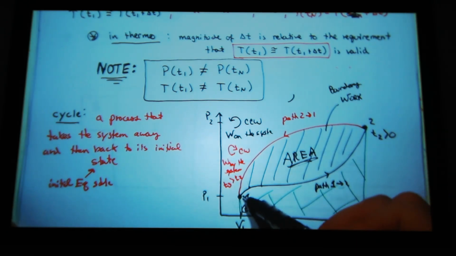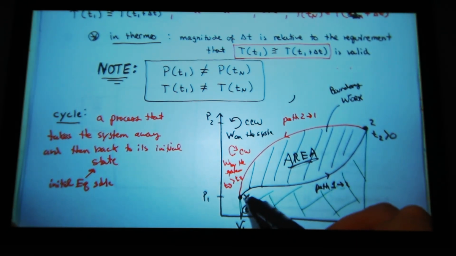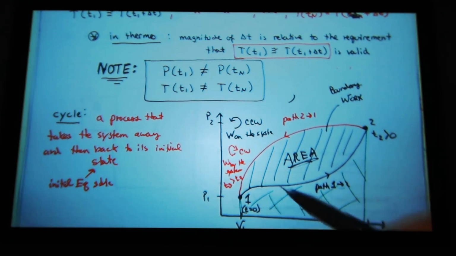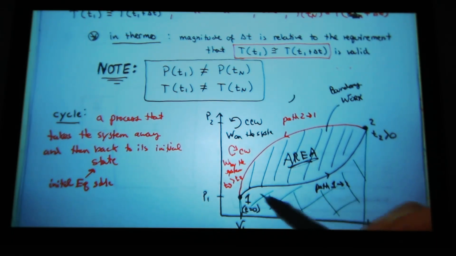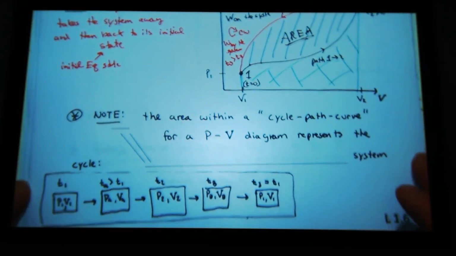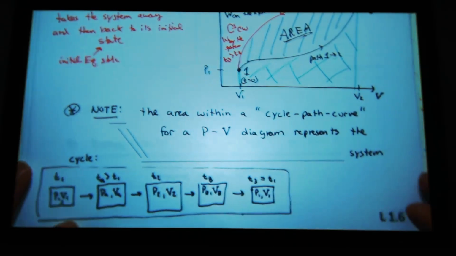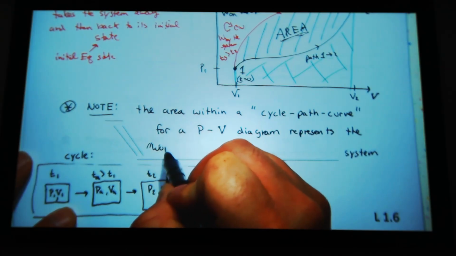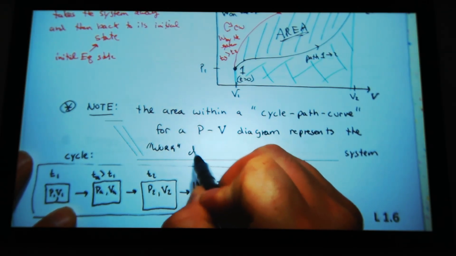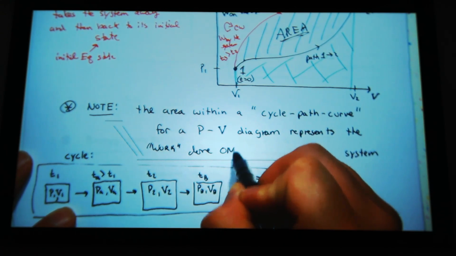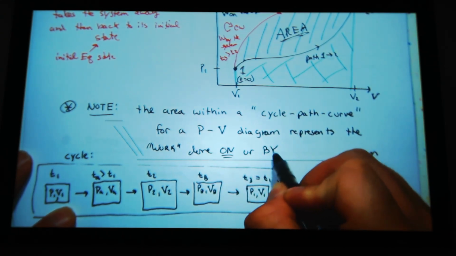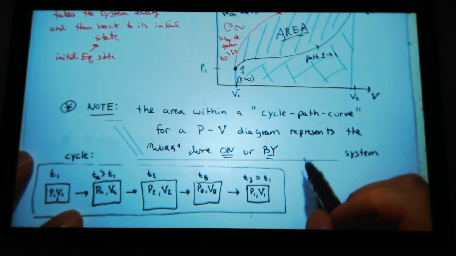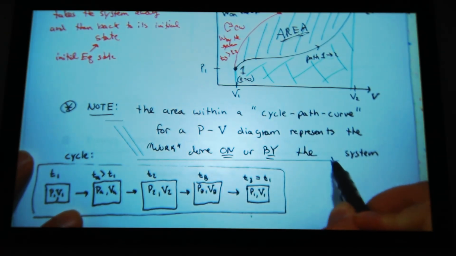then I would have this area minus this area, which would give me 0. So if I take a cycle and then I reverse it, I end back up here. There's no net area if it's reversible in this case. So the area within a cycle path curve for a PV diagram represents the work done on or by the system.